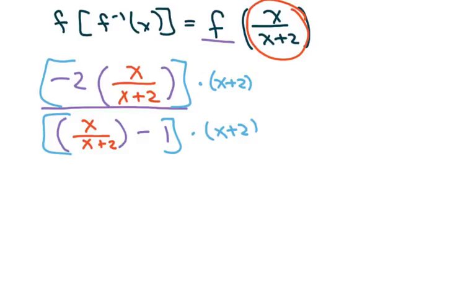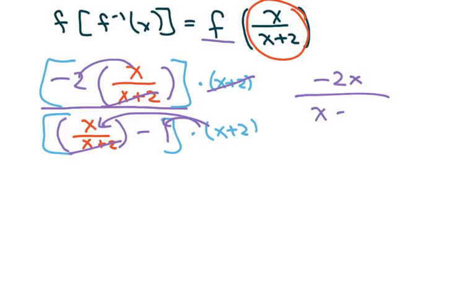Now, go ahead and FOIL that, or distribute, and you get negative 2x on the top here, and this will cancel. And here we're going to distribute. So this is going to cancel, and you're just going to get x minus, and when you distribute here, 1 times x plus 2.